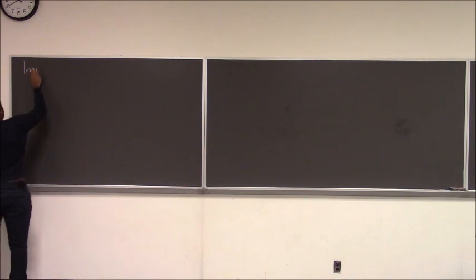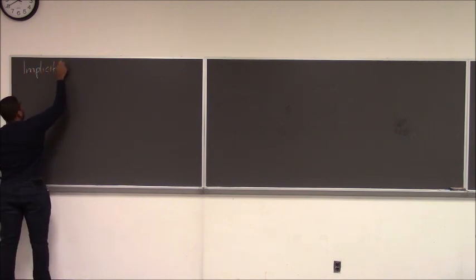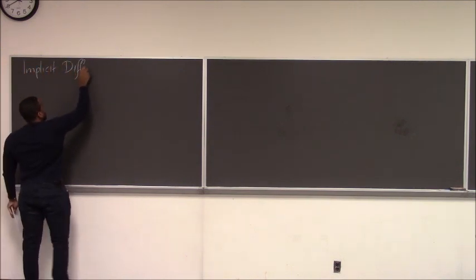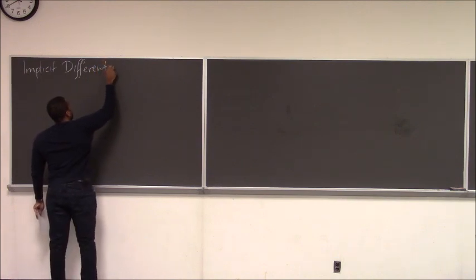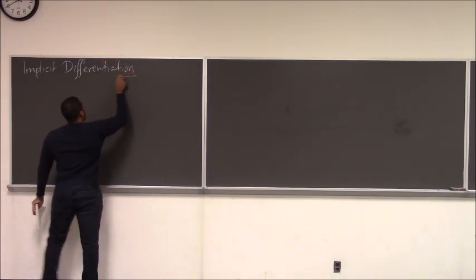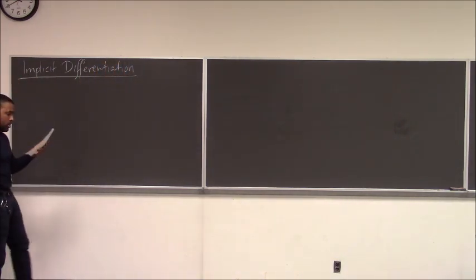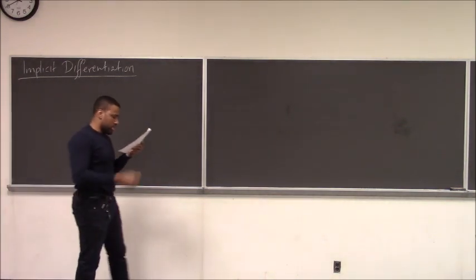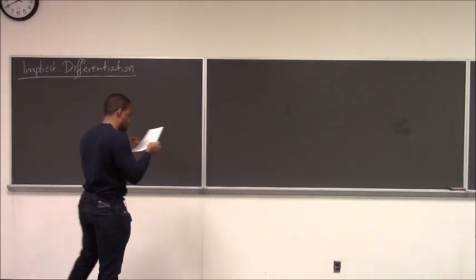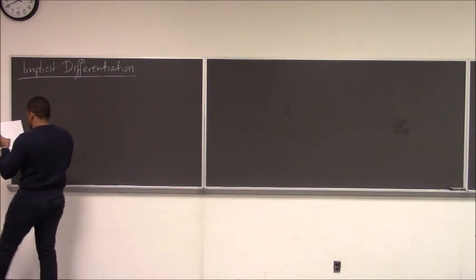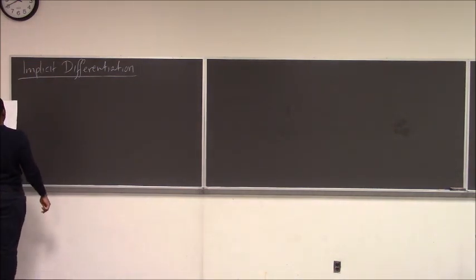Where were we? Implicit differentiation. We looked at how to do it last time. Let's continue with some examples, and then I want to talk about another differentiation technique. Okay.